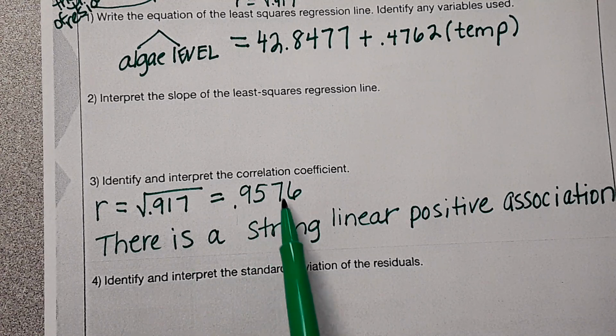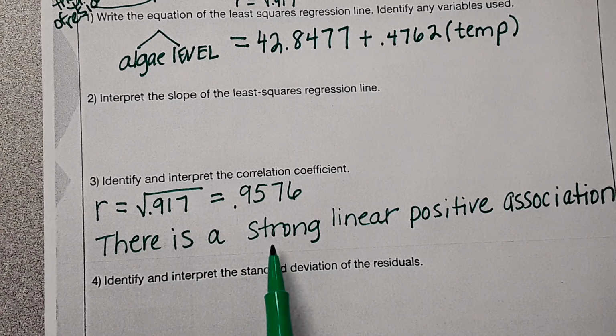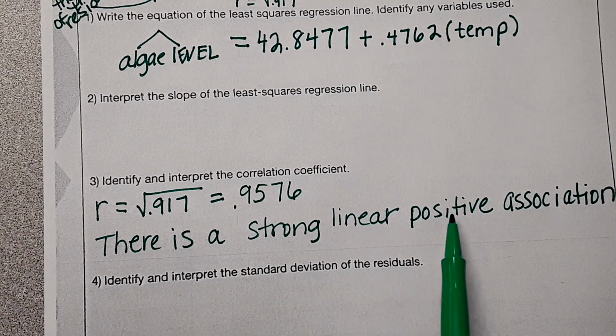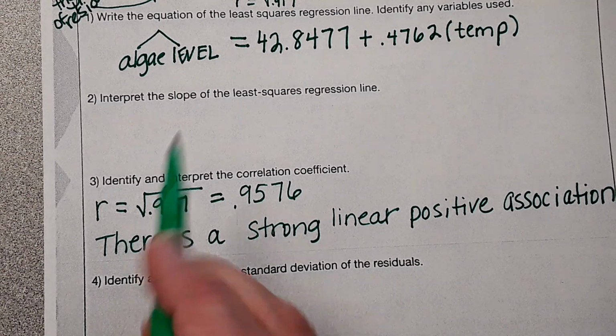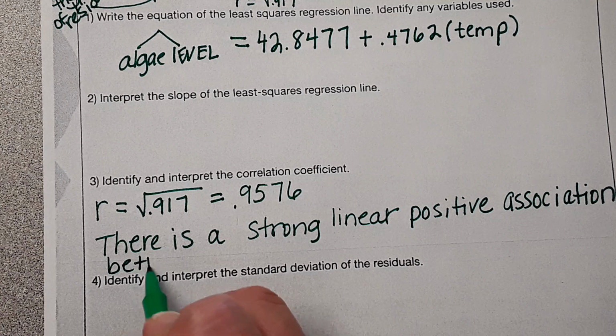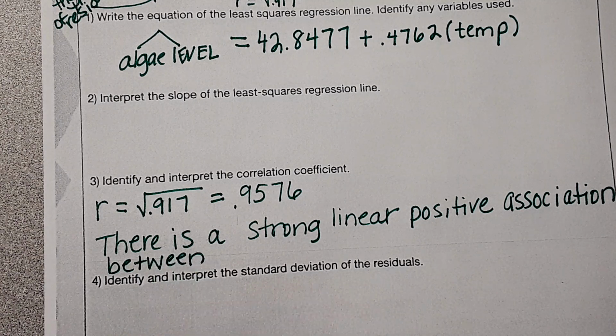So 0.9576 means that there is a strong, linear, positive, because it's linear, it should be a line. It's a positive number, so that's where I got positive. Association between, and now you need to always put it back in the context of that problem.